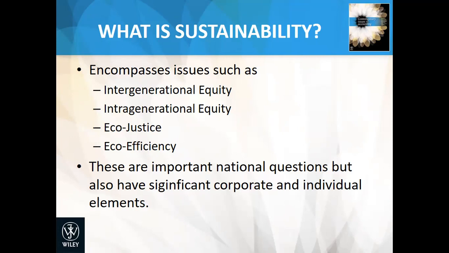And still, benefits are greater than the costs. So these are the four issues about sustainability that must be addressed in order for us to say that really there is sustainable development that we talk about.